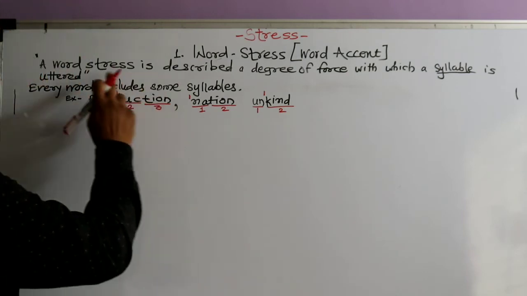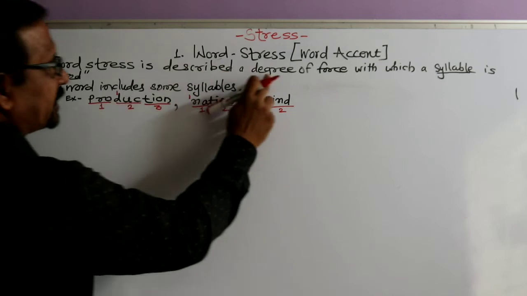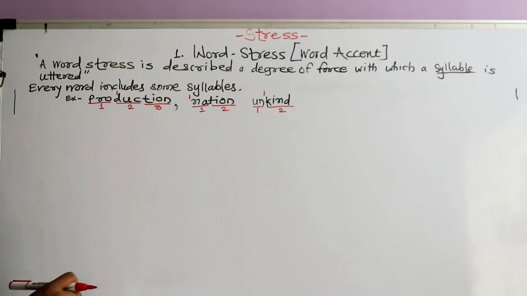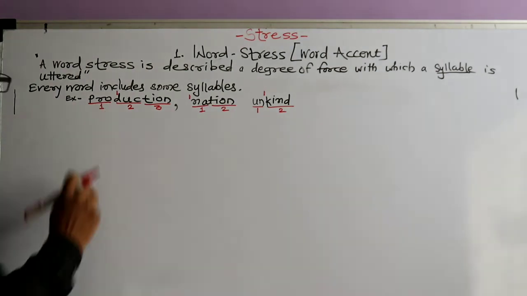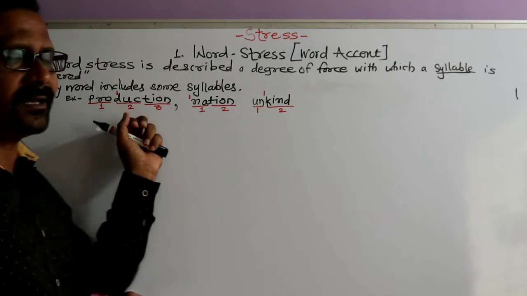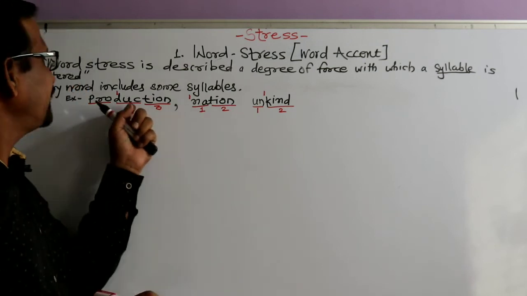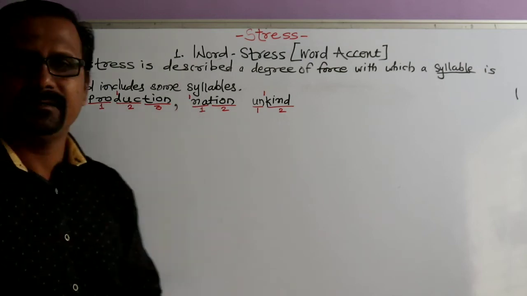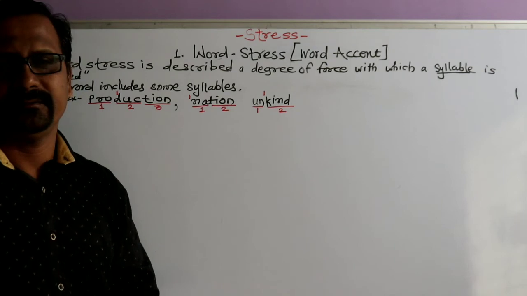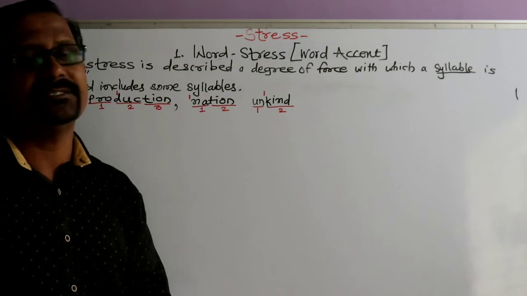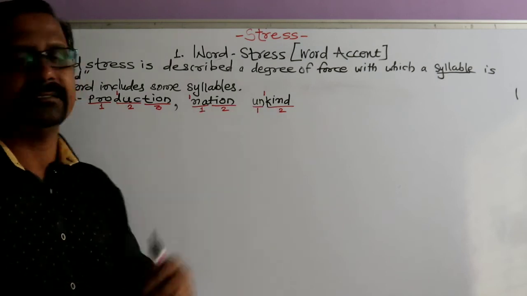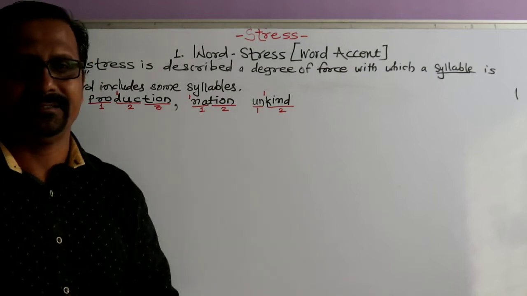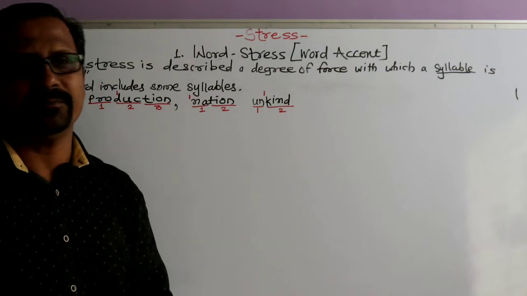So a word trace is a degree of force with which a syllable is uttered. In production, the second syllable is important and it is the traced syllable. In nation, the first syllable is traced, and in kind, the second syllable is traced. That is a very important part.